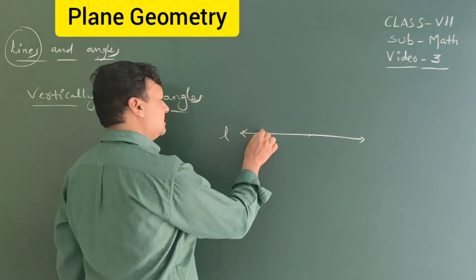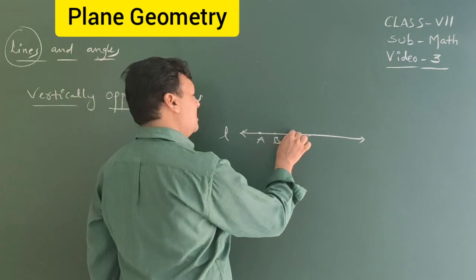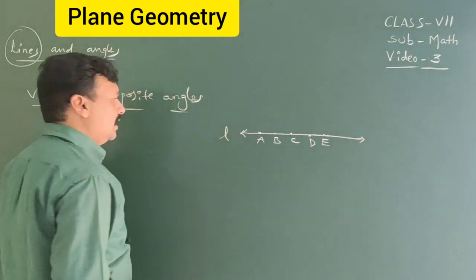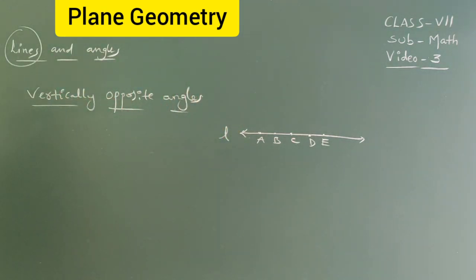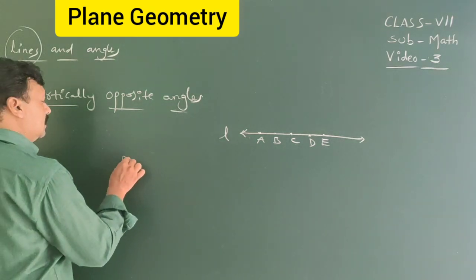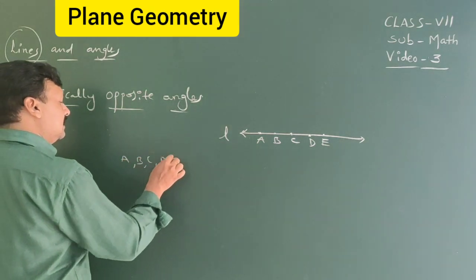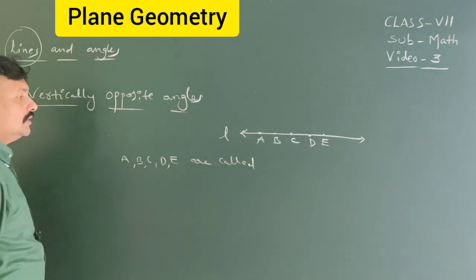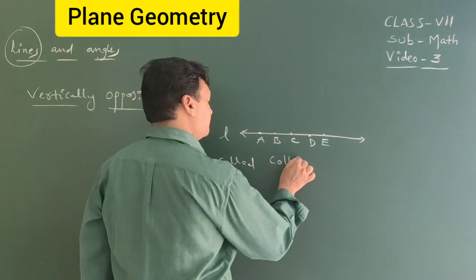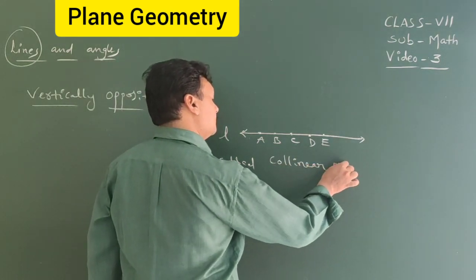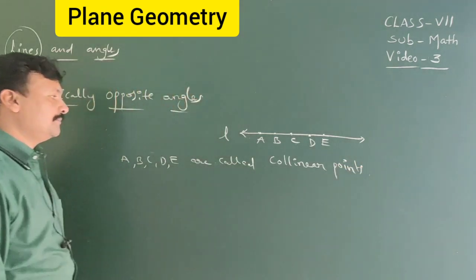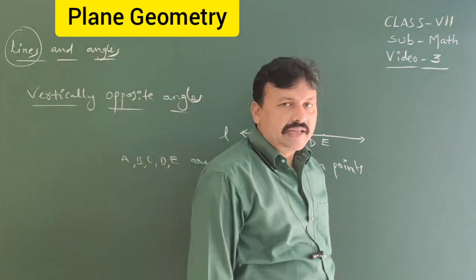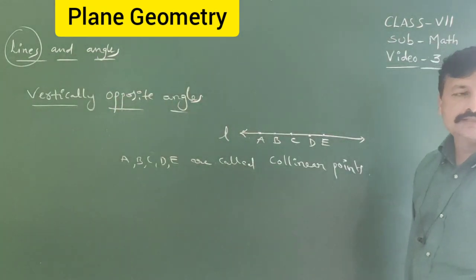A line L is given, and point A, point B, point C, point D, point E are on line L. So here A, B, C, D, E are called collinear points.